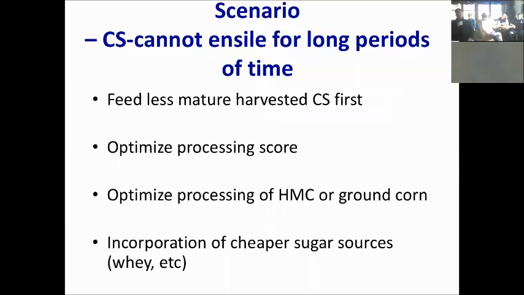I know sources are very expensive these days, but if you have the possibility of getting in some whey or whey permeate, some of this lactose, inexpensive sources of sugar to bring into the ration and balance in, that might help as well.